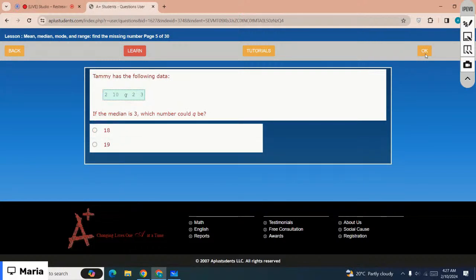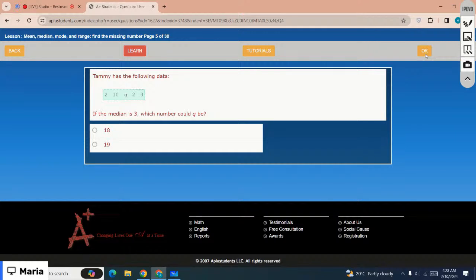Tammy has the following data. If the median is 3, what number could Q be? Which is the correct option? Median is 3, right?